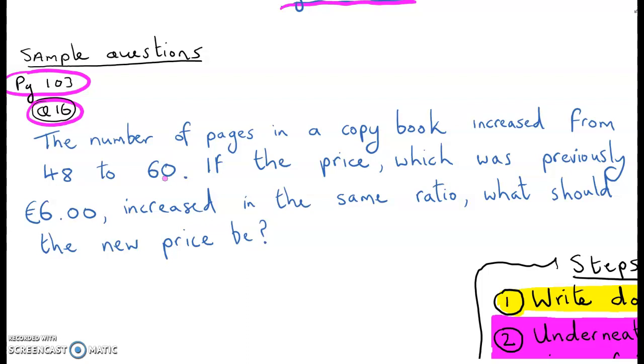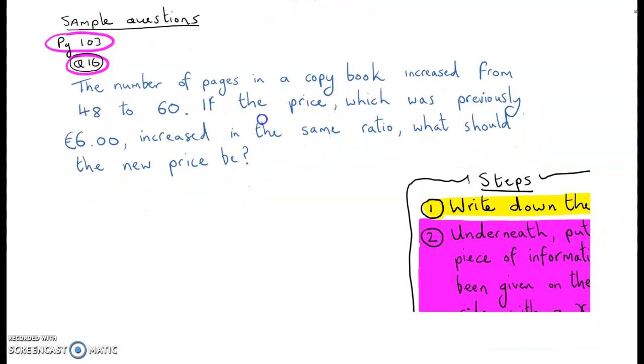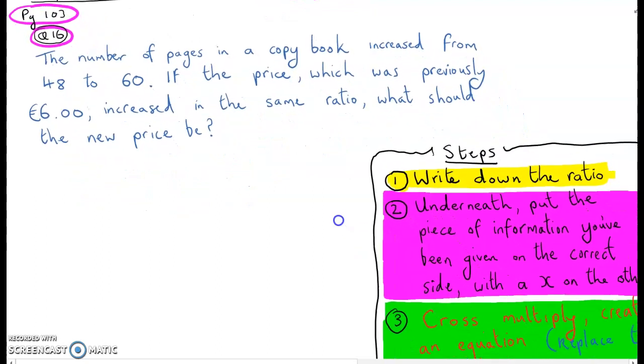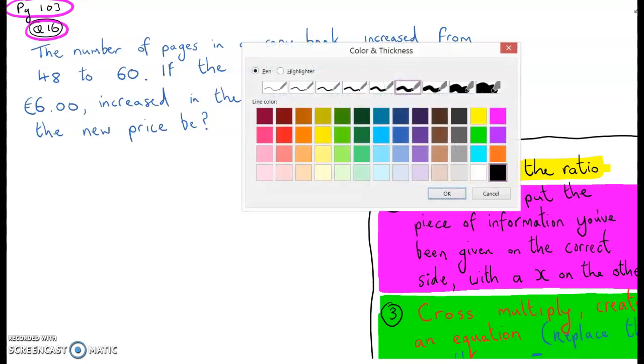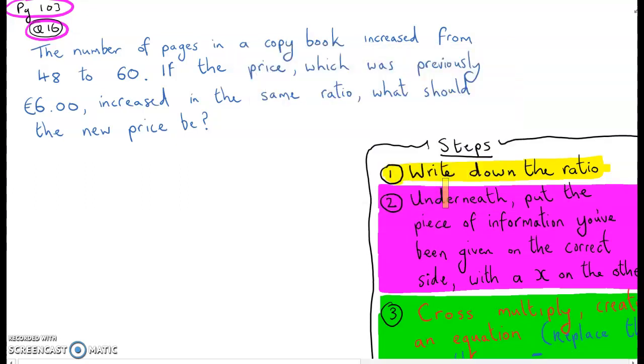I'm going to show you the steps to follow because you can really apply these steps to every single one of these questions. And here they are written here. Let's look at step 1. It says write down the ratio. Now can you see the ratio from the actual question? The number of pages in a copybook increased from 48 to 60.